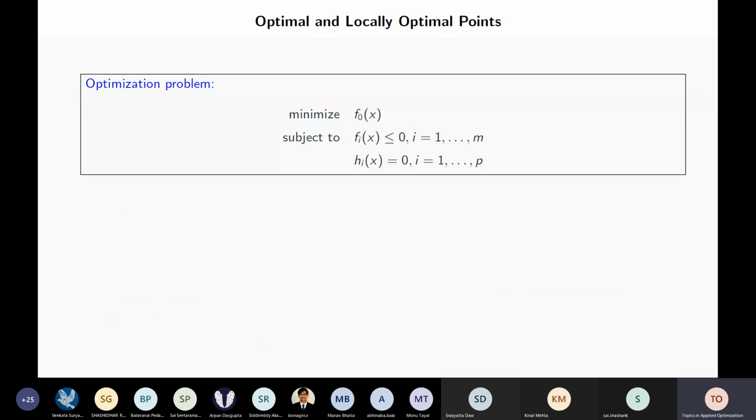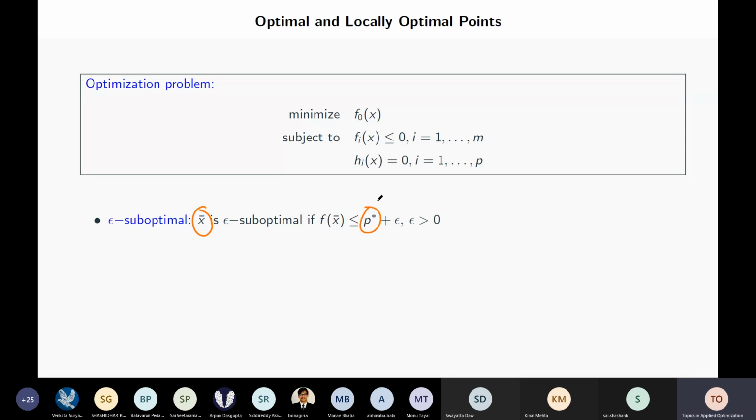Now I will define something called locally optimal points. The problem is exactly the same. We call something an epsilon suboptimal point. X bar is called an epsilon suboptimal point if f of x bar is less than or equal to P star plus epsilon.